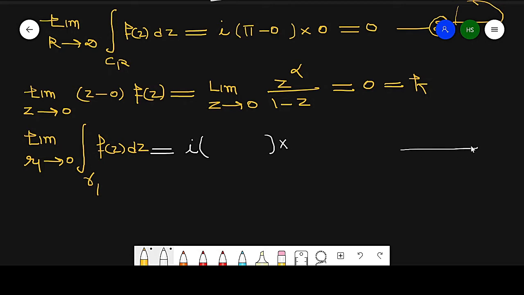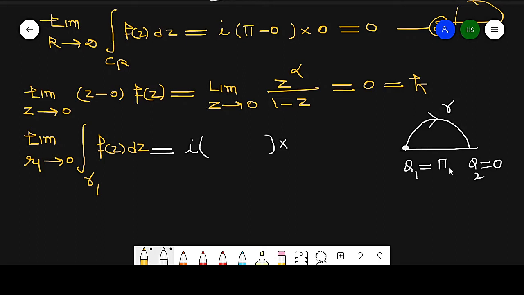Now this is a half circle of this kind, in this way. So this angle is theta 1. What is theta 1? Theta 1 here is pi and theta 2 is 0. So remember theta 2 is 0, theta 1 is pi.